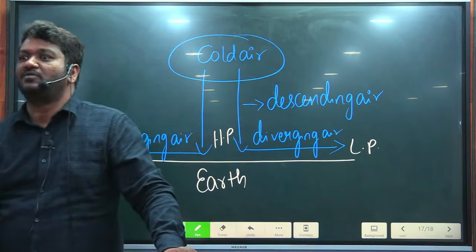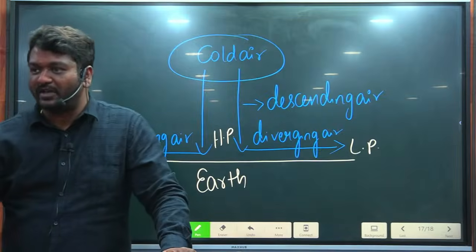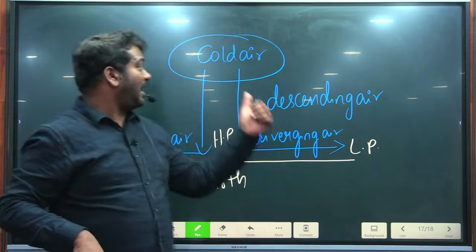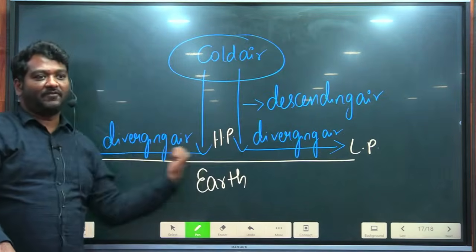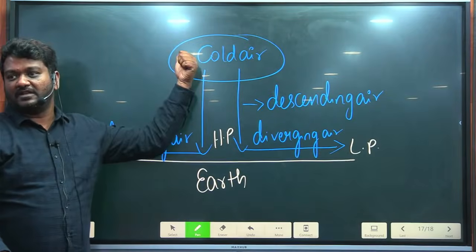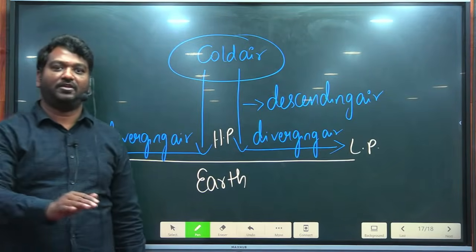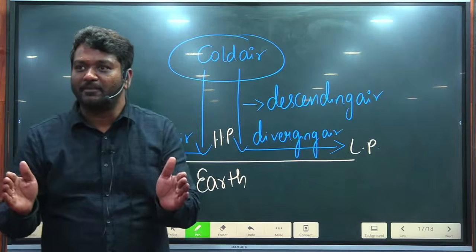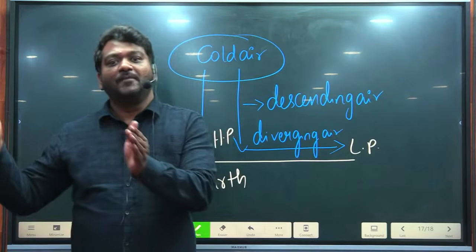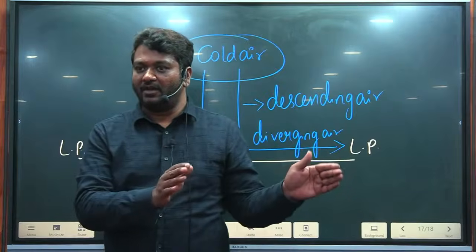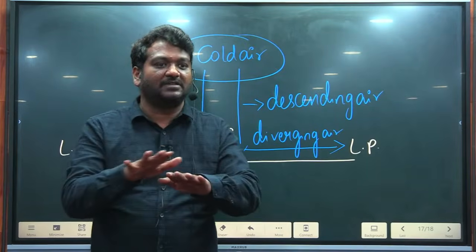That is called what? Thermally induced. Whenever air is cold, irrespective of land, then it is called what? Dynamically induced high pressure. Are you getting the point? We have two types: dynamically and thermally. Thermally is only on the basis of land.